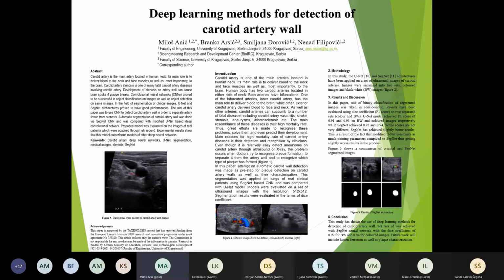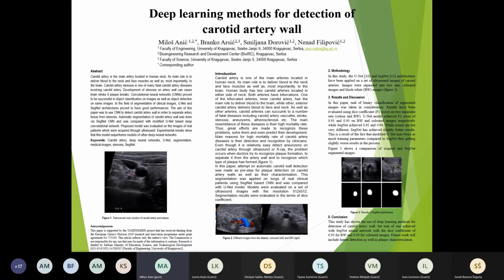Even though you can quite easily acquire images through MRI or ultrasound or X-ray, it is hard to detect these formations of plaque and to separate them from the artery wall, and to recognize which type of plaque exists there.